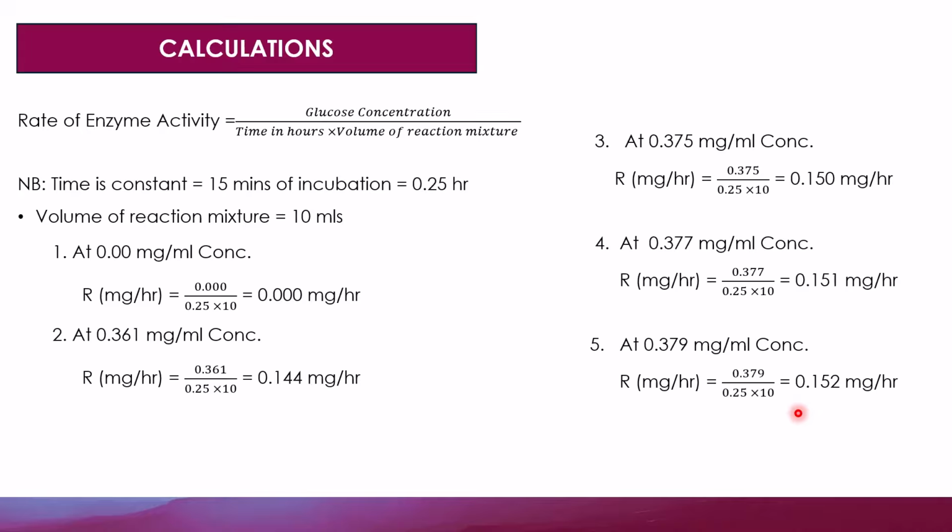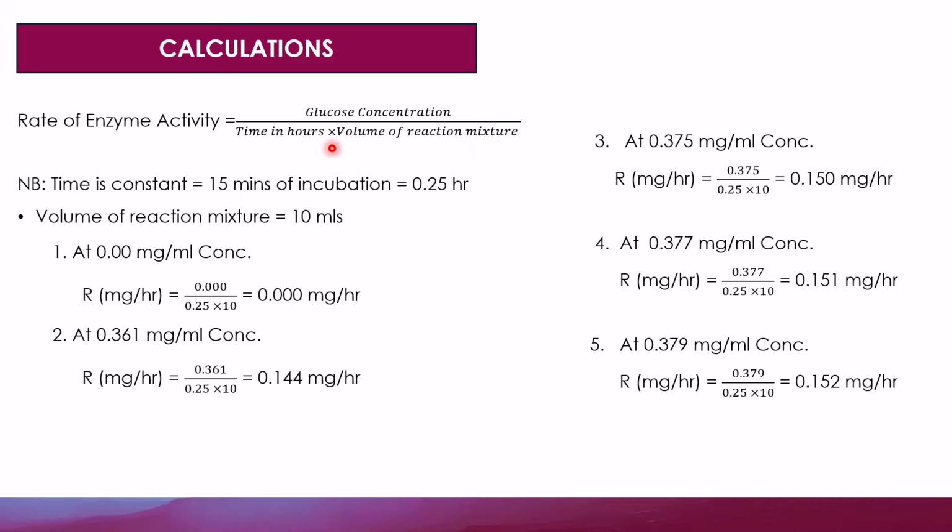So let's see the solution for the first question that says we are to calculate the rate of enzyme activity. The equation that we are going to use to calculate the rate of enzyme activity is giving us the glucose concentration over the time in hours times volume of reaction mixture.